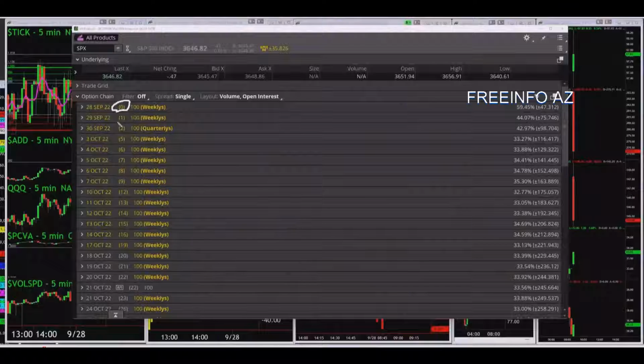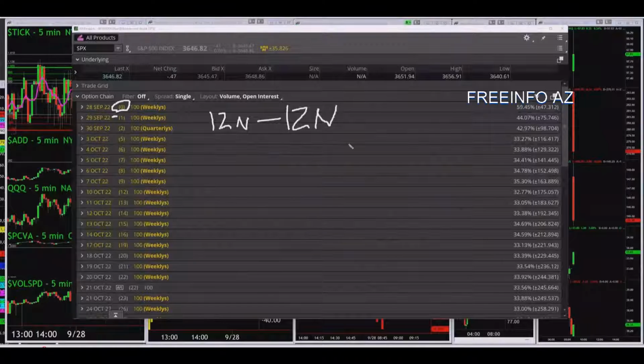However, sometimes I will take things for the next day. Typically it's what I call a 12 noon kind of trade. Oftentimes it's either an iron condor or some type of vertical call debit spread, just to see if we get that overnight action. So that's what we just looked at too.